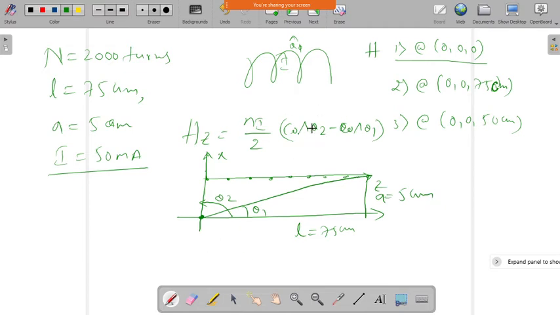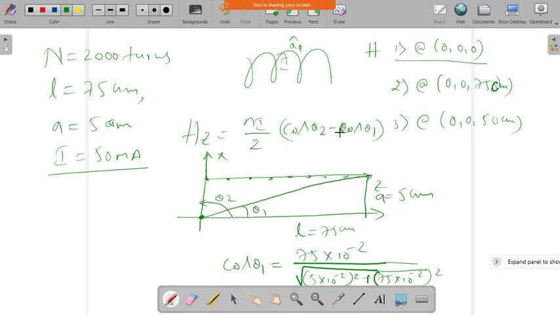Now if I substitute that, I am going to get cos theta 1, which is equal to 75 into 10 power minus 2 divided by the square root of 5 centimeter squared plus 75 into 10 power minus 2 centimeter squared.